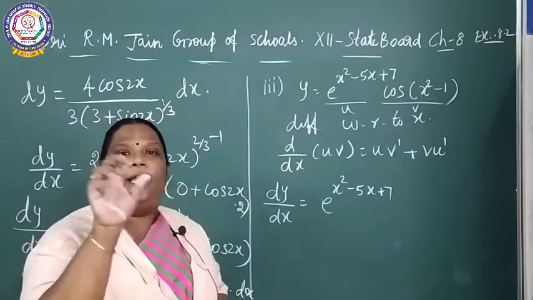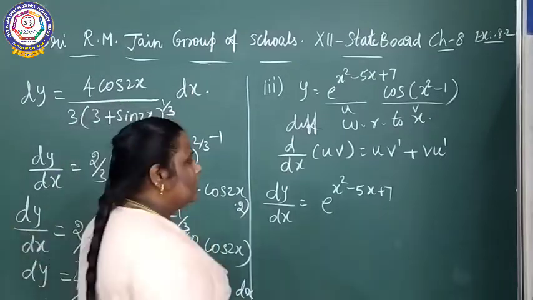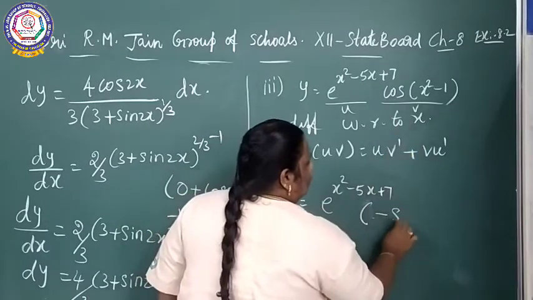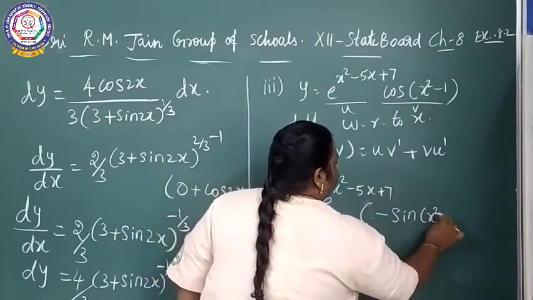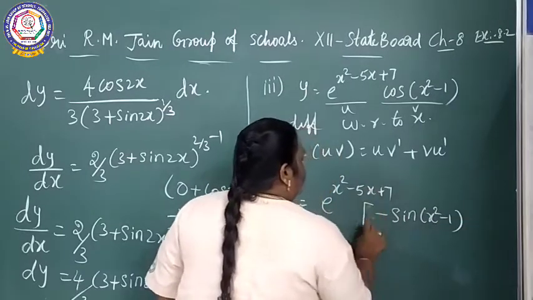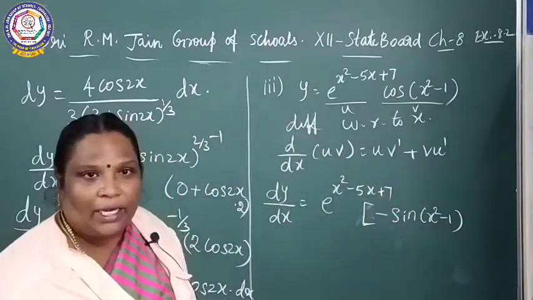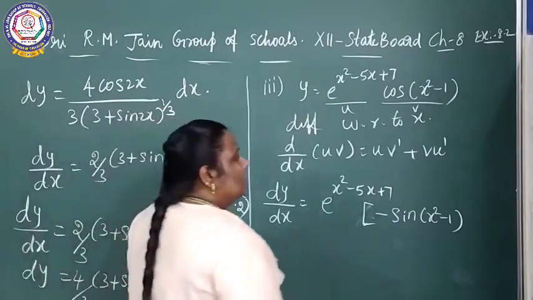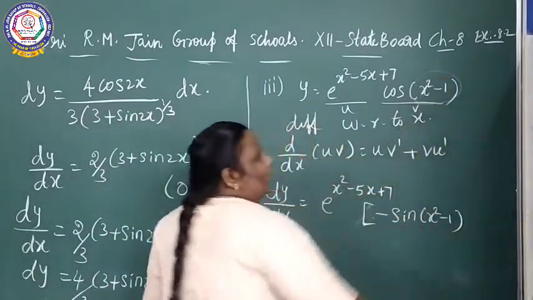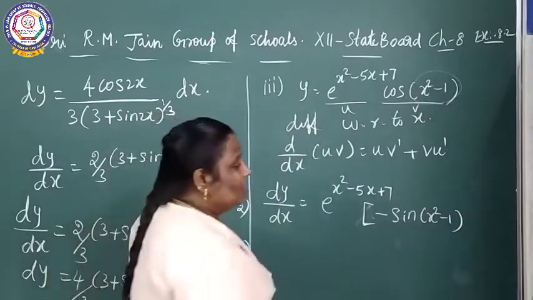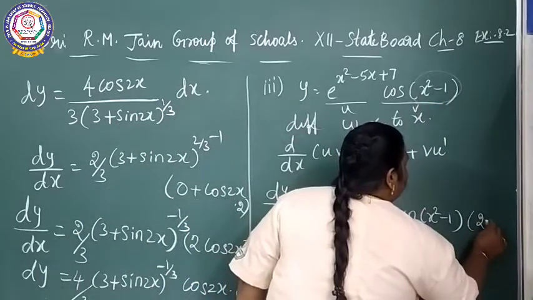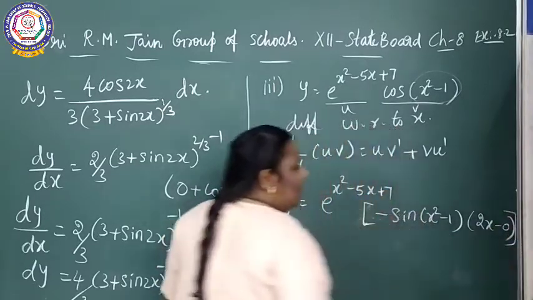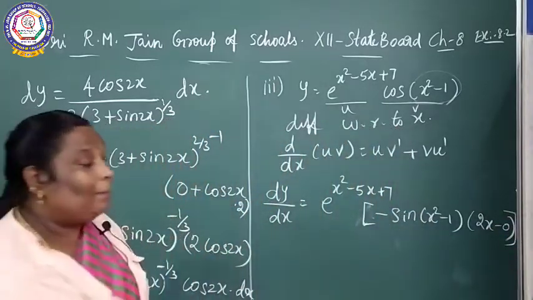Then you move on to the differentiation of x square minus 1. So, minus sin of (x square minus 1), because differentiation of cos x is minus sin x. Then differentiation of x square minus 1 is 2x minus 0.